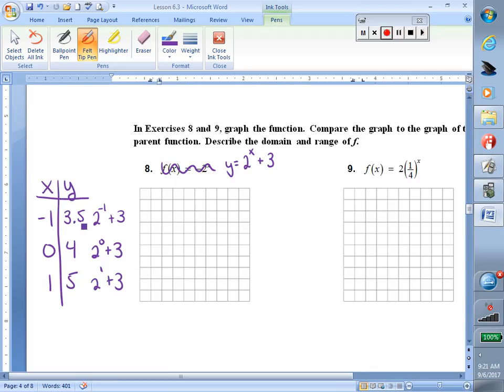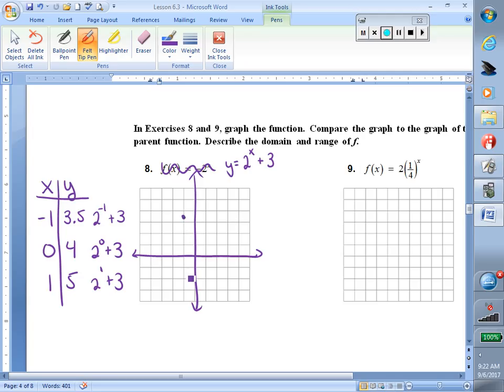Now I have 3 nice ordered pairs I can graph to get my nice curve shape that I need. Draw in our axes. X is -1, y is 3.5. So I go -1 on the x, and then 1, 2, 3, and then a half box on the y.